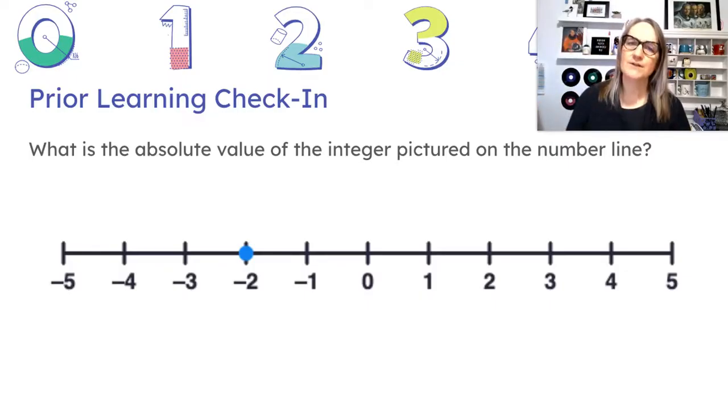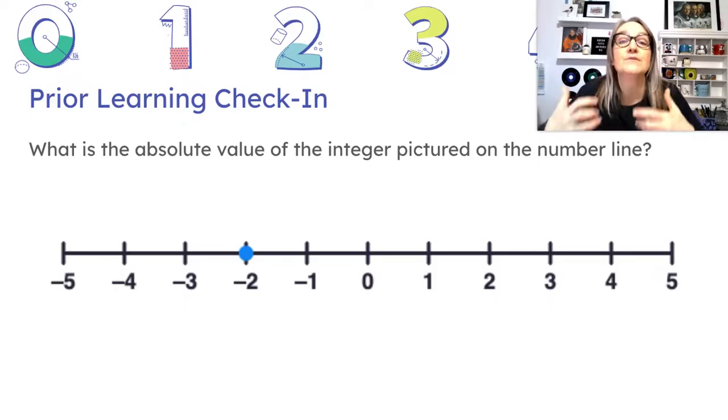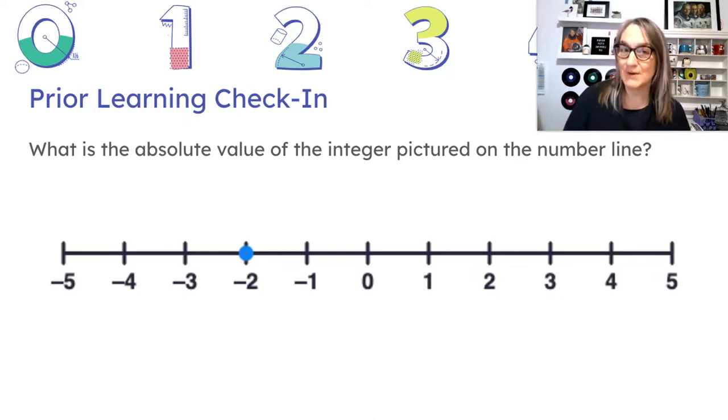And if you're confused right now because that is the integer -2, remember that absolute values are always positive, just like magnitude. They're just telling us how far away from 0 this integer is. So -2 is 2 units away from 0. So its absolute value is 2 because that's how many units it is away from 0 on a number line.